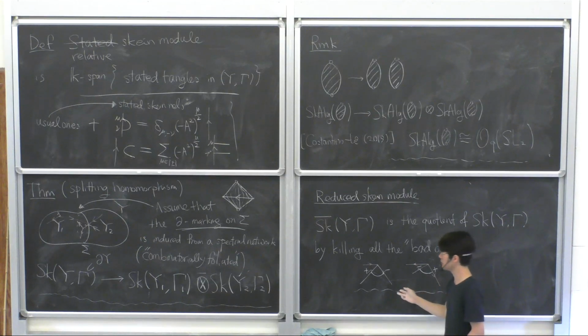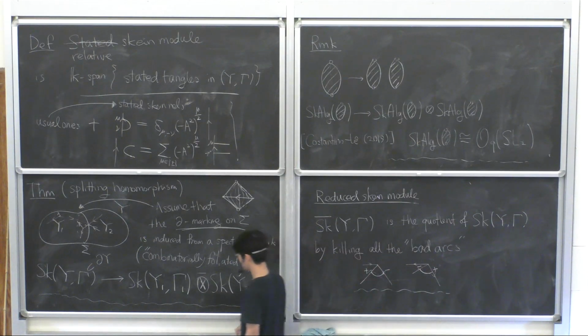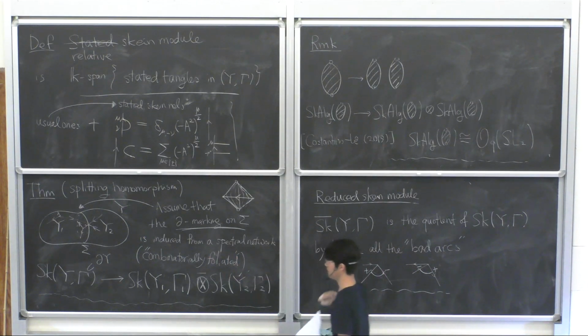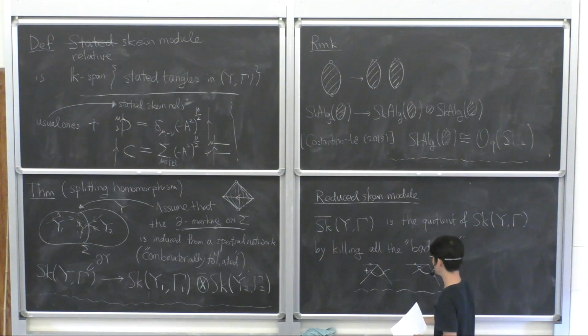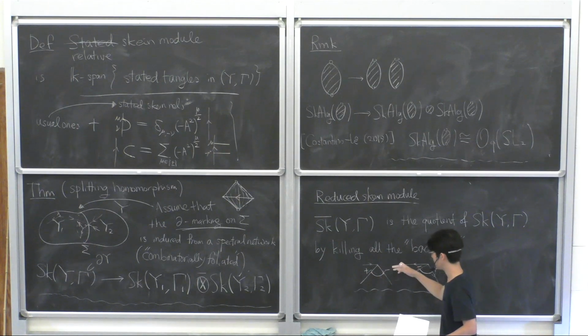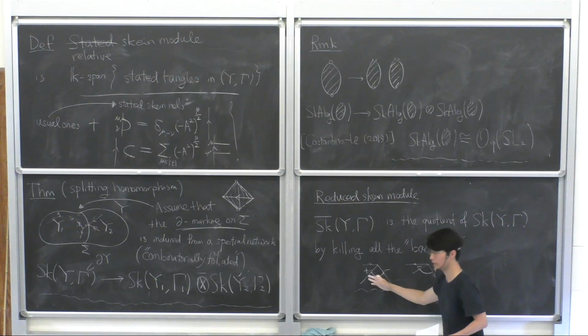Actually, there's an intuition behind this. If you follow the spectral network construction, then one can see that these are exactly the elements, or the monodromies, that need to be 0.